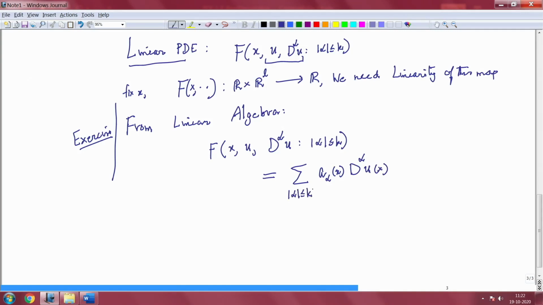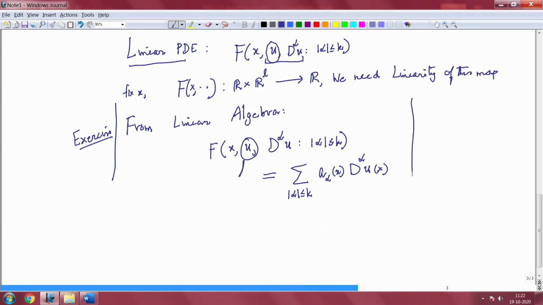Let me give one clarification. Actually, you do not have to include u separately, because when I take alpha equal to 0, 0, 0 etc., you will get d power 0 of u, that is nothing but u. So, it is up to you how you want to write it. Basically alpha equal to 0 comes here, so you do not have to add even this term.